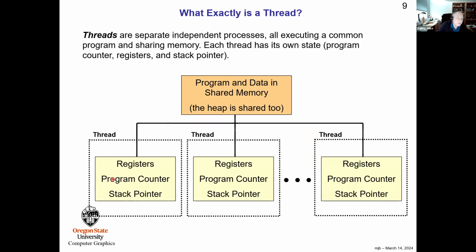But it can do that because each thread has a different program counter. So when that thread gets swapped in, the program counter tells it where to pick up in the program, which is common to each. When a thread gets swapped in, it also brings in its registers, which were the values they were when it got swapped out. And it also brings in the stack pointer so that that thread knows how to find things like its local variables and arguments to functions.